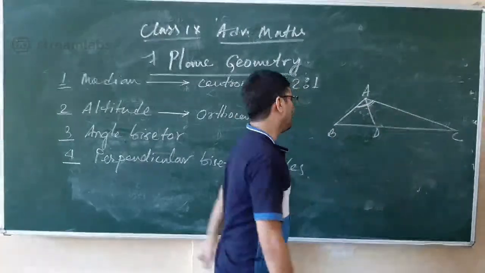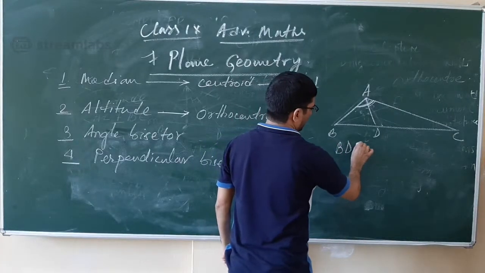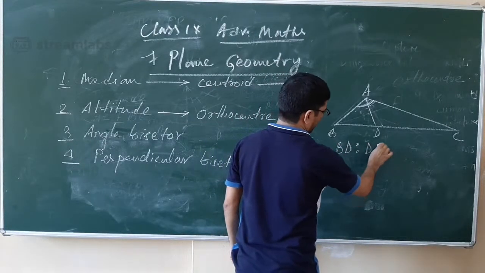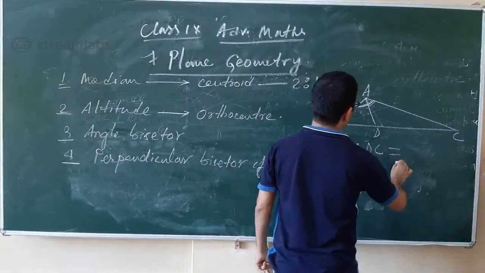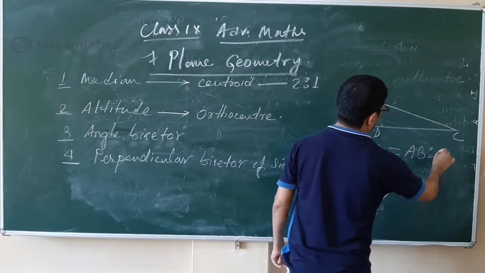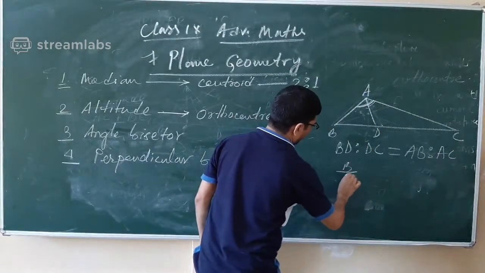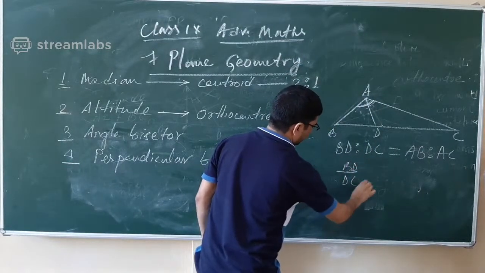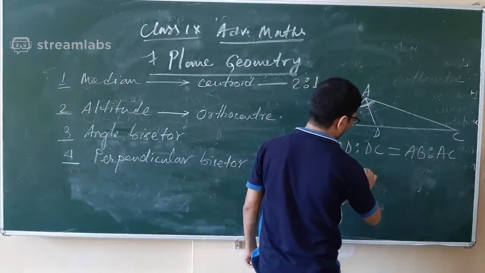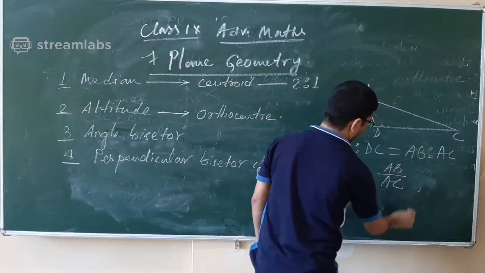We will get BD is to DC is equal to AB is to AC, or as a fraction, BD by DC is equal to AB by AC.